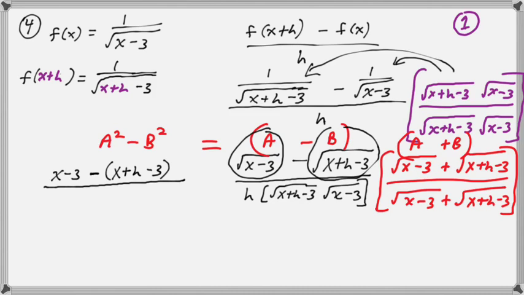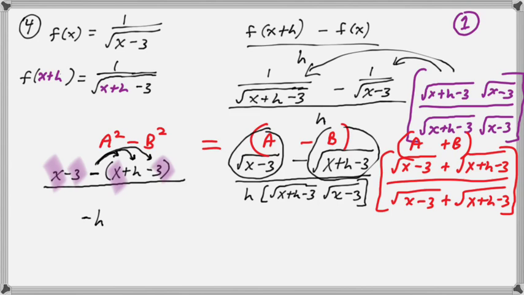Now I'm going to leave the bottom, it's all that stuff in the denominator, but let's clean up the numerator. What's x and a negative x? Well, they add to 0. What's a negative 3 and a positive 3 when I distribute this? That's going to make this into a positive 3. So negative 3 and positive 3, I think, also add to 0. So what's the only thing on the numerator when I distribute?